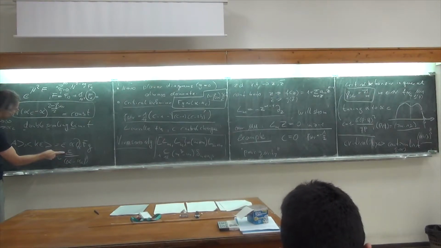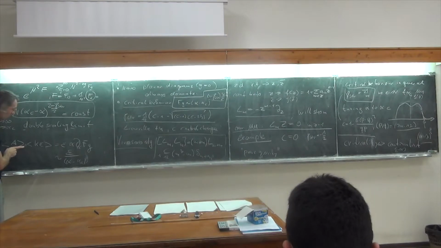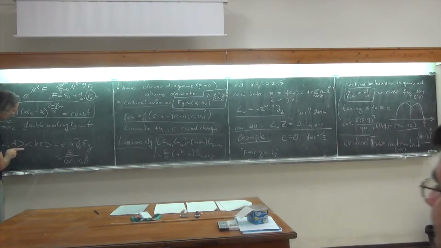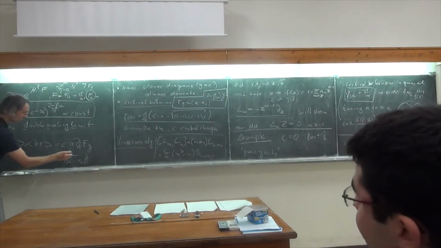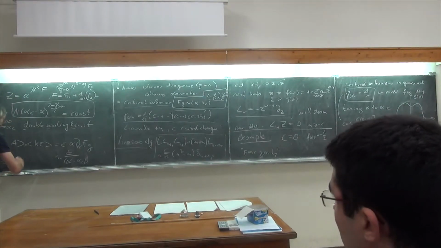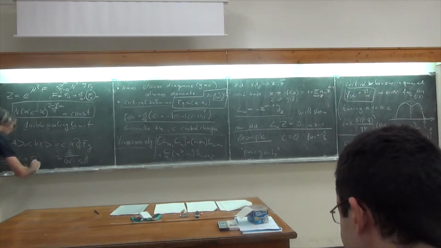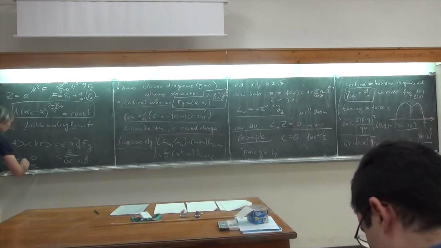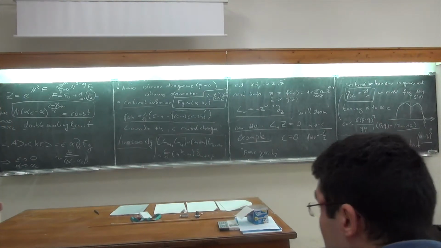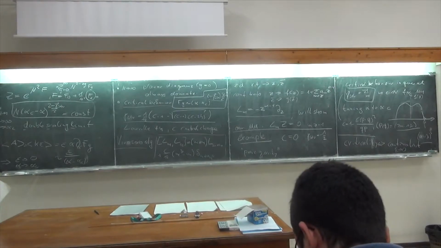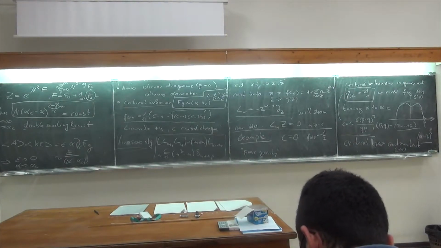So in order to get a non-zero expectation value for this object, we also have to have epsilon going to 0 when alpha goes to alpha critical. So in that sense, yes, we do have a continuum limit when we have this critical value.